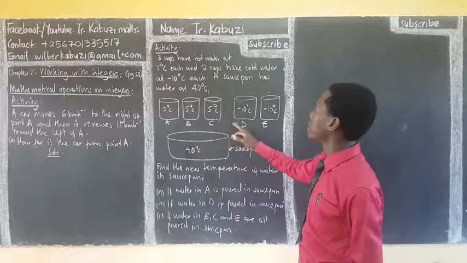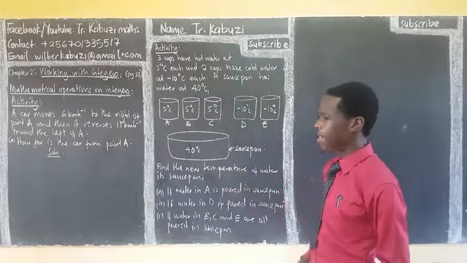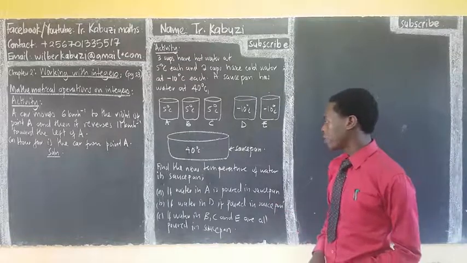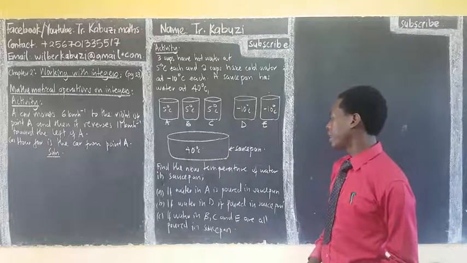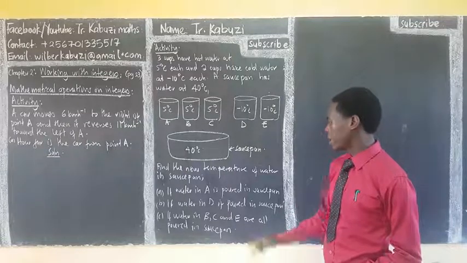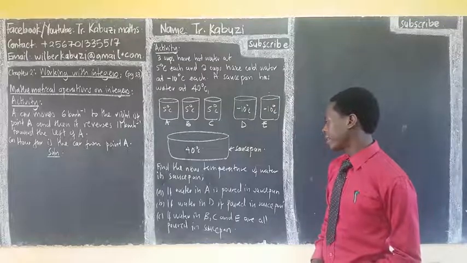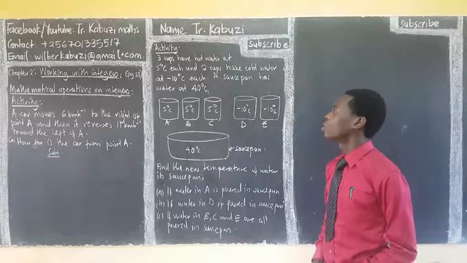These are the cups, and these are the other 2 which are having cold water. Then what they are asking us is, find the new temperature of water in the saucepan if water in A is poured in the saucepan, water in B is poured in the saucepan, water in C, in B and C and E are all poured in the saucepan.